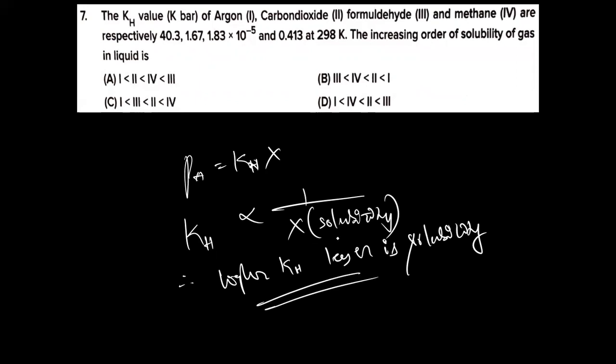So for question number 7, it's option A. Argon is less than carbon dioxide, less than methane, less than formaldehyde. It's option A.